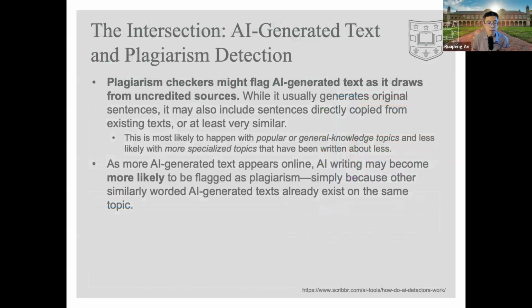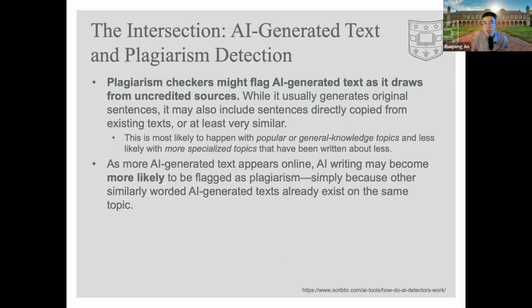The plagiarism checkers, on the other hand, have some limitations. One is that they may mistakenly flag AI-generated text as drawn from uncredited sources. Consider that more and more text now on the internet is generated by AI tools, large language models.